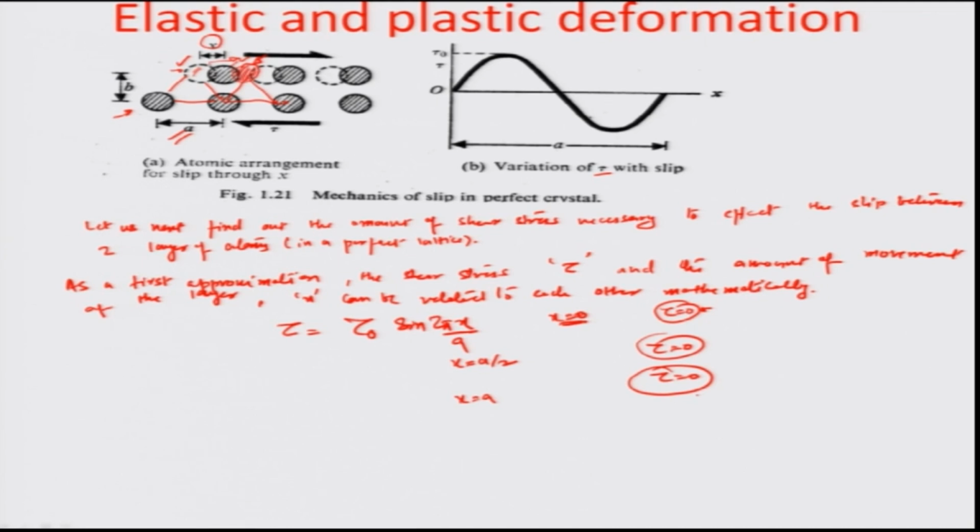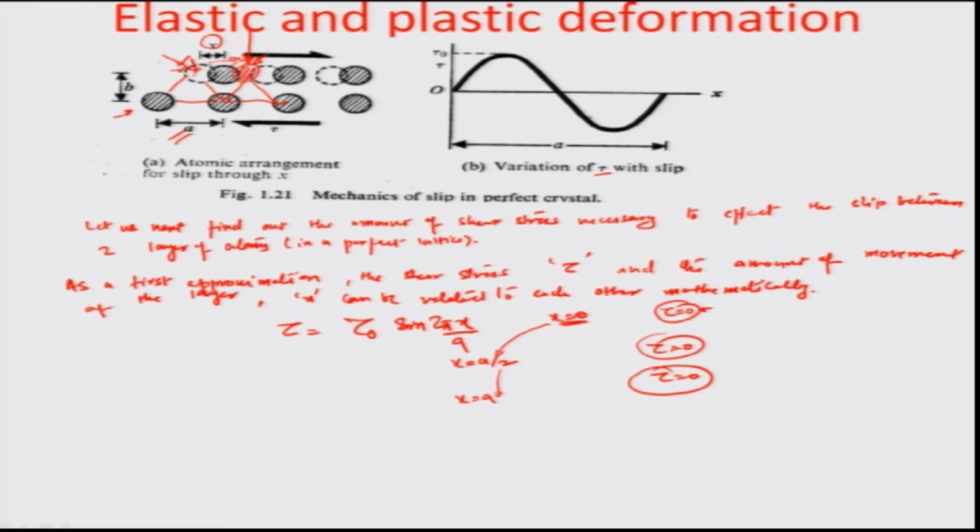Obviously between x equal to 0 to x equal to a by 2, the force would be as if the crystal can come back to the initial position, and between a by 2 to a, the force would change directions, and it will be as if the crystal can go to the final position, where, as I told you, the dotted circle right about here moves to this center position, where there is again an equilibrium condition.